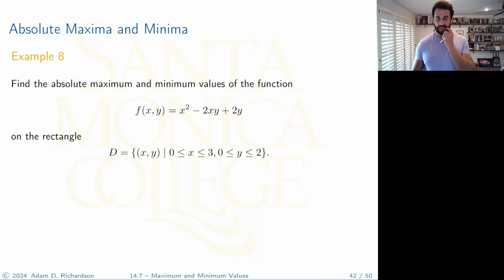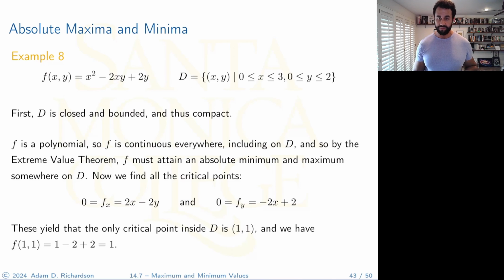So absolute mins and maxes. I need to find all the critical points inside this rectangle first, and then we're going to look at what our function is doing on the boundary of the rectangle. Okay, so here they are again. First thing to note is that this set is indeed closed and it is bounded, therefore it's compact.